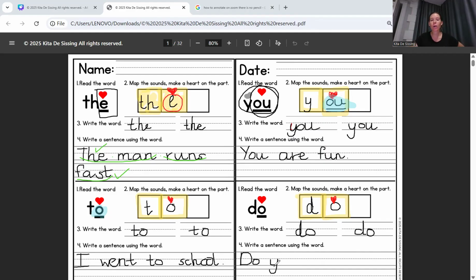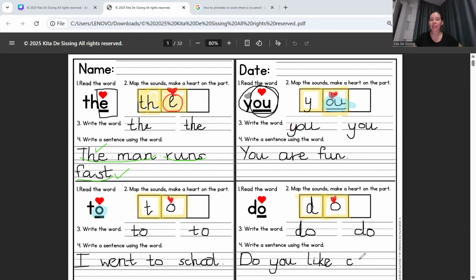Y, oo. There's one of my heart words. And I remember that my oo in "you" is OU. Do you? L, I, K, E. And this silent E, or Mommy E, as we sometimes call her, is a rule that I will teach you later. Do you like cats?